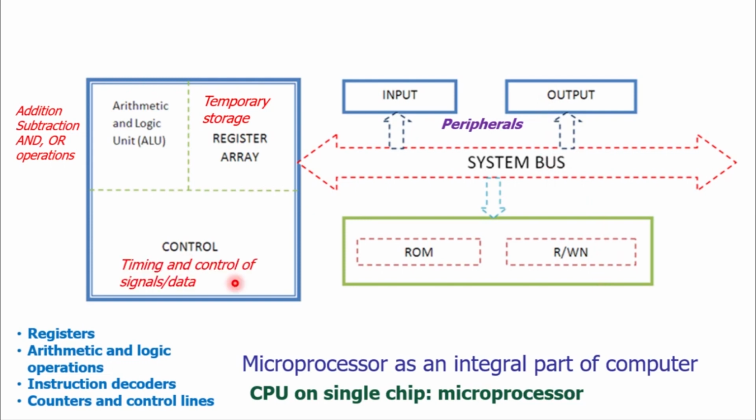The control unit carries out the controlling of the signals or the data, to fetch the data through the system bus, and applying the set of instructions over that data is controlled by this control unit. The timings will be set, so it has a clock.